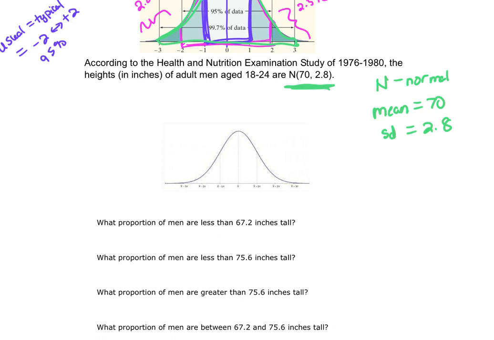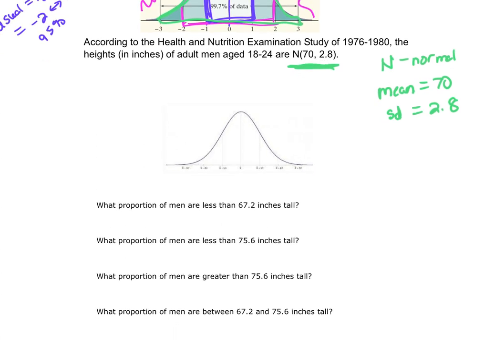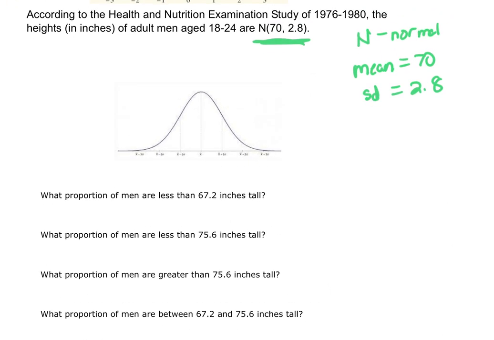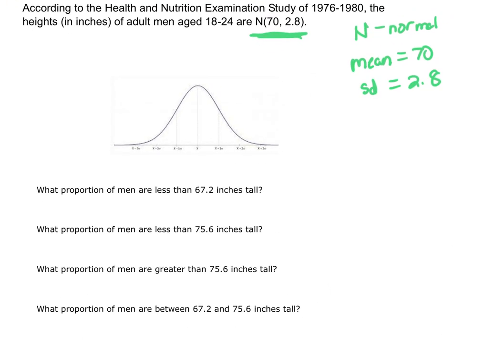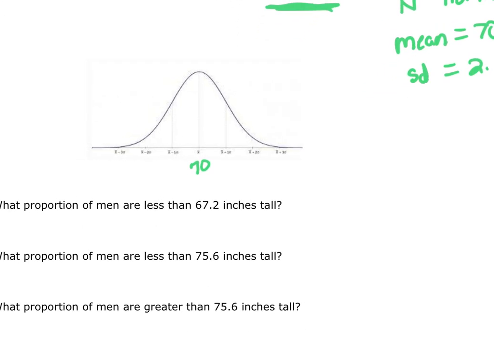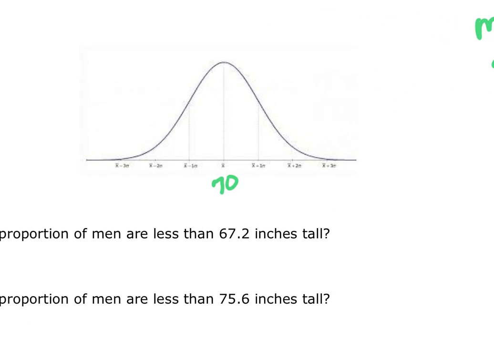That helps us because we're going to label this curve with these values. So if our mean is at 70, then we're putting 70 here. And to show what each of these particular values is, we kind of want to think about this as if it's on a number line here. We want to add 2.8 and add it again and add it again.